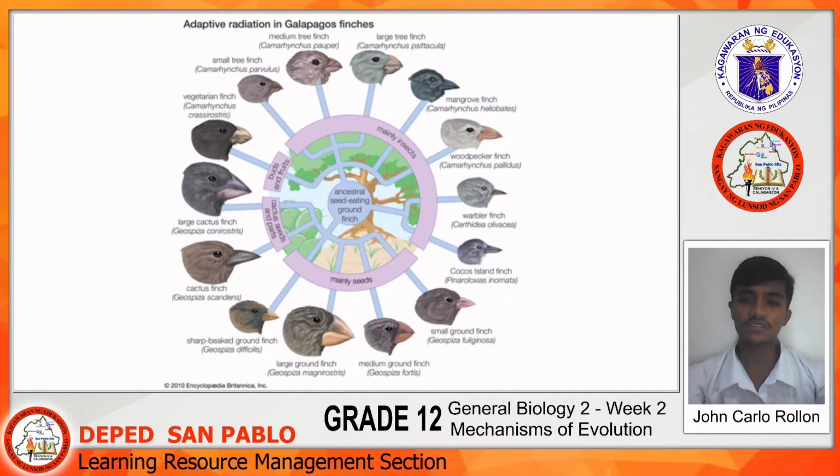Because of the prevailing conditions of the Galapagos Islands at that time, adaptive radiation takes place. The birds that survived were most adapted to the environment. Some finches specialize on buds and fruits, some on cactus, seeds, and other parts, while others feed mainly on seeds or insects.